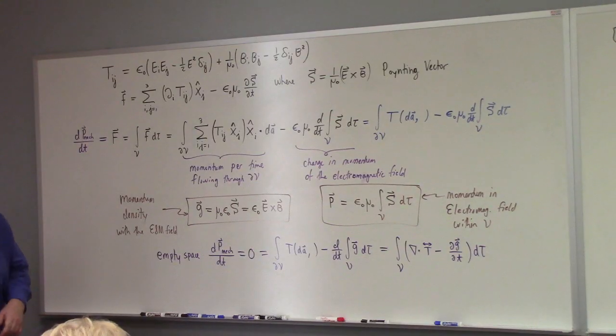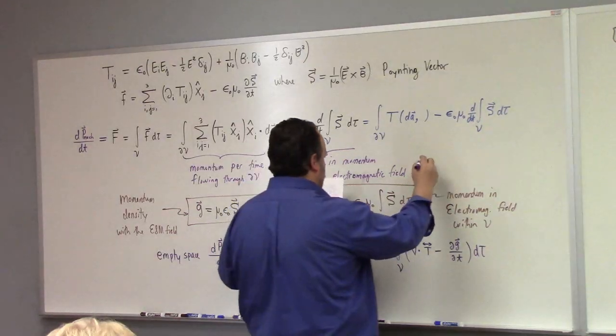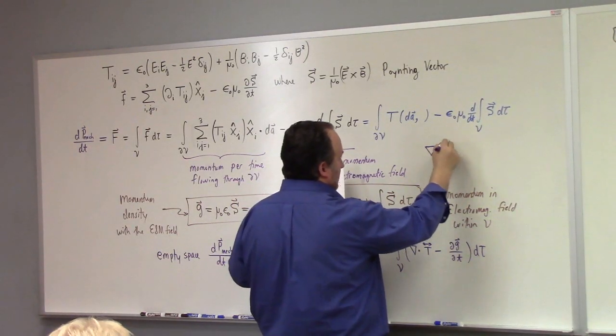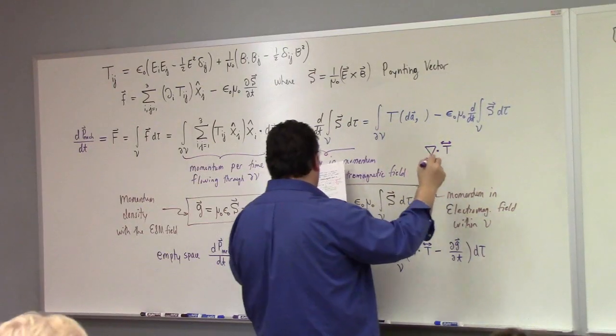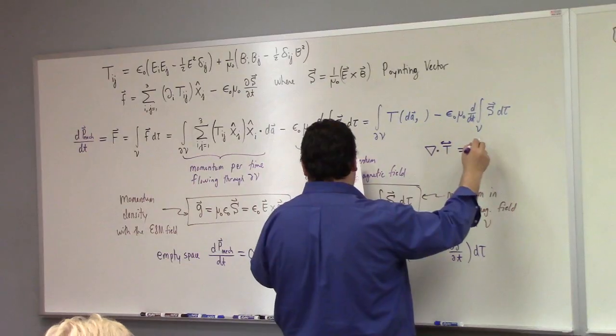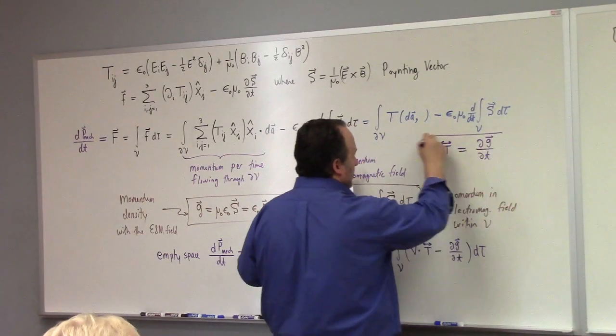So that gives us that the quote unquote divergence of the stress energy tensor has to be equal to the partial derivative of this g.